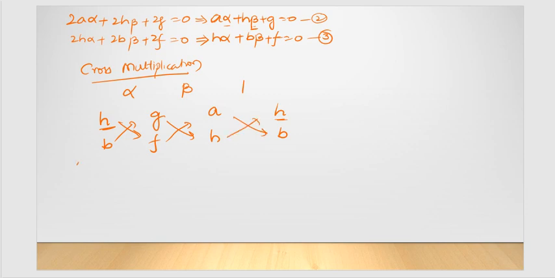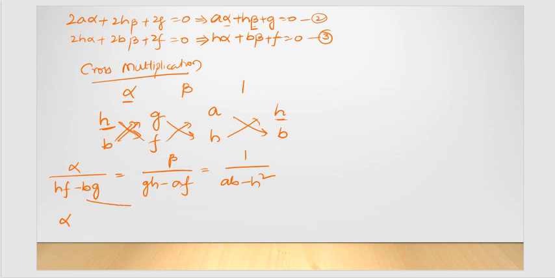Now, the first variable is α, so α by, doing cross multiplication, h into f minus b into g, is equal to β by, doing cross multiplication, gh minus af, is equal to 1 by ab minus h². Doing cross multiplication is nothing but what we use in determinants. So we got α by (hf − bg) equal to β by (gh − af) equal to 1 by (ab − h²).